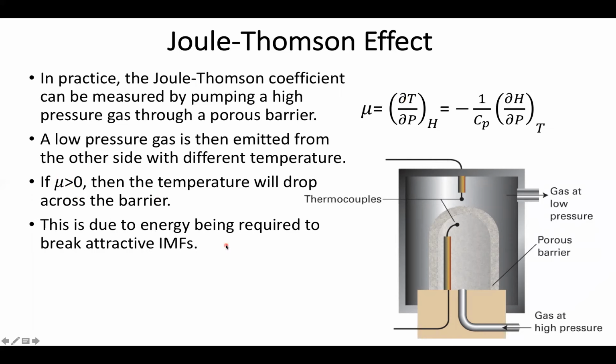And here's going to be the real question: why does this happen? This is going to happen under a situation where we've got attractive intermolecular forces, because in order for the temperature to drop, I have to have some form of loss of kinetic energy. What I essentially did is I lost my translational energy, thus a decrease in temperature.